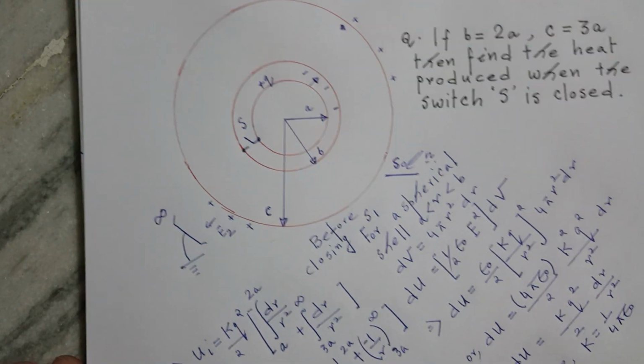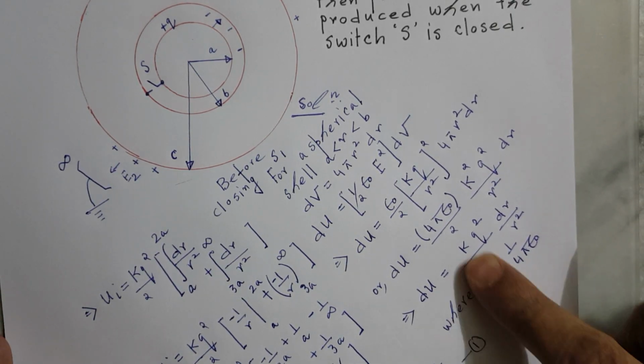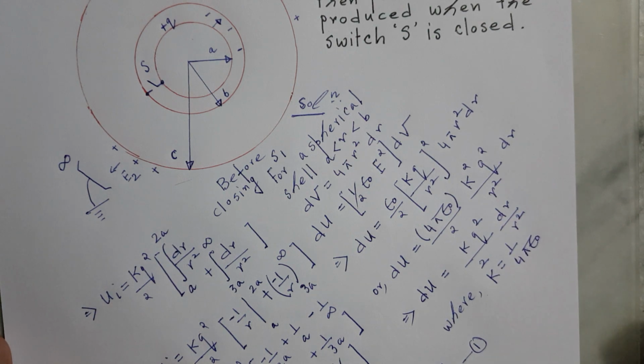Okay. And what is the ultimate relation? This is the ultimate relation. Every time, dU equals kq square by 2 dr by r square. Okay.